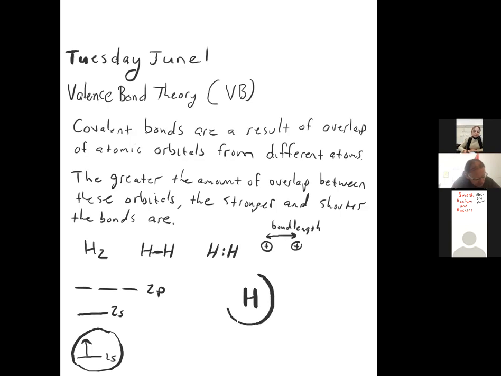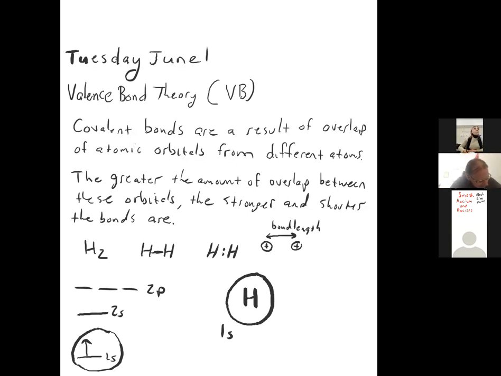It looks like this, right? That, of course, is a gross simplification of what it looks like. It's actually a probability distribution, high probability near the nucleus, falls off exponentially as you get further away, but it looks something like that. We can represent it that way.